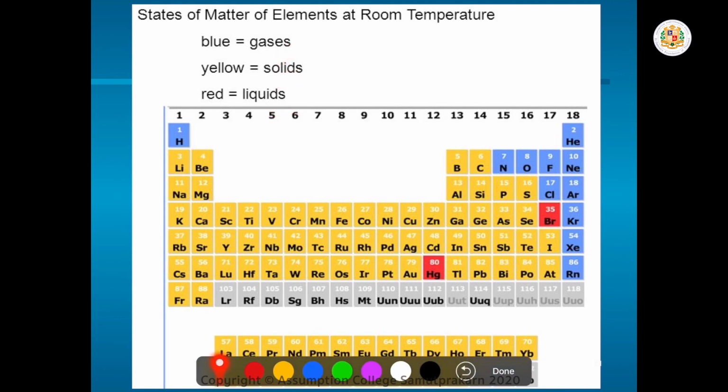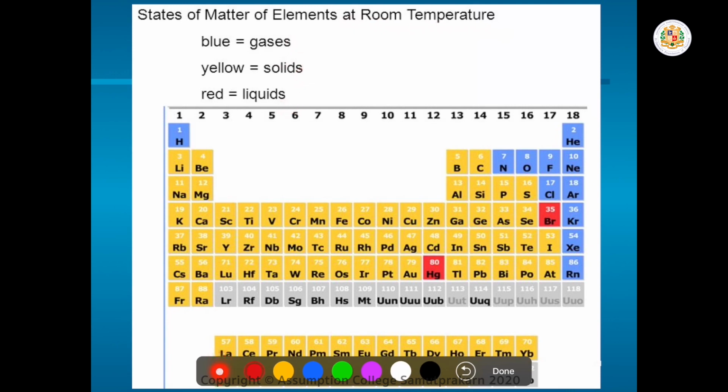So the periodic table helps us determine which of these elements are in what state at room temperature. Okay, so we have 2 pieces of information now, which are metals, non-metals, and metalloids, as well as their states. Okay, blue colored blocks represent gases. Yellow colored blocks represent solids, while lastly, the red colored blocks represent liquid.